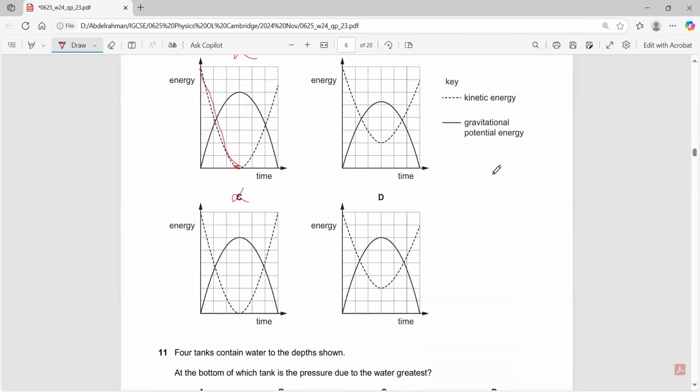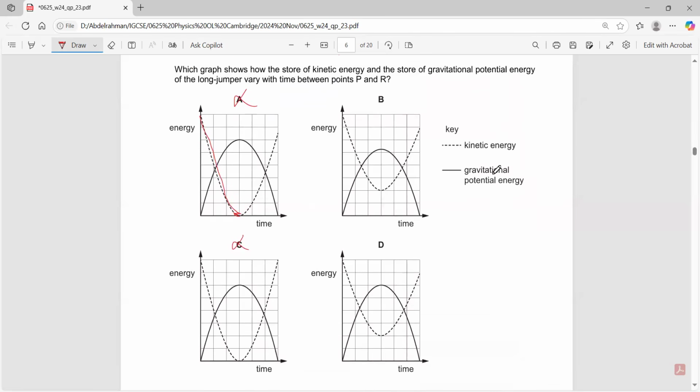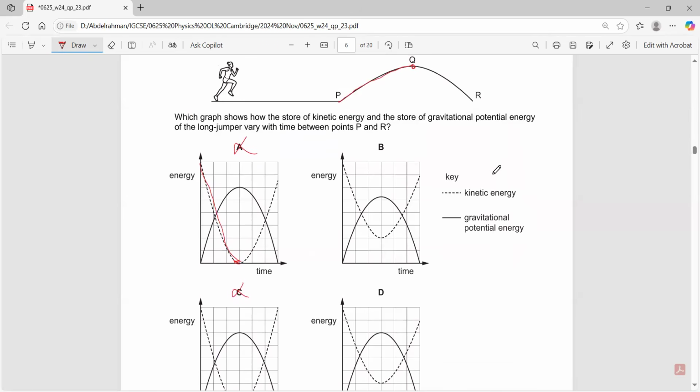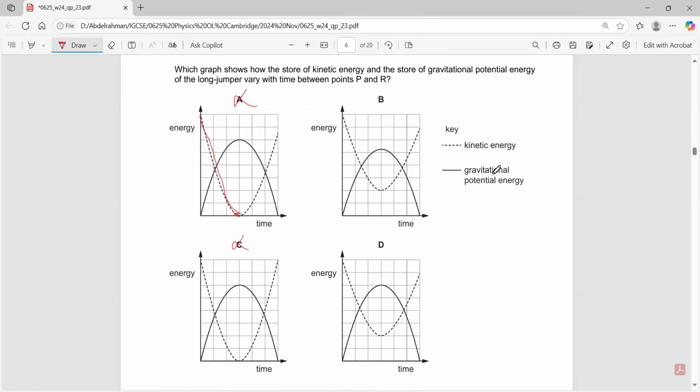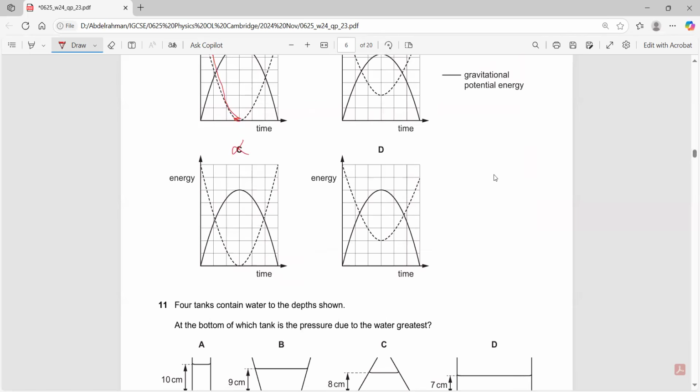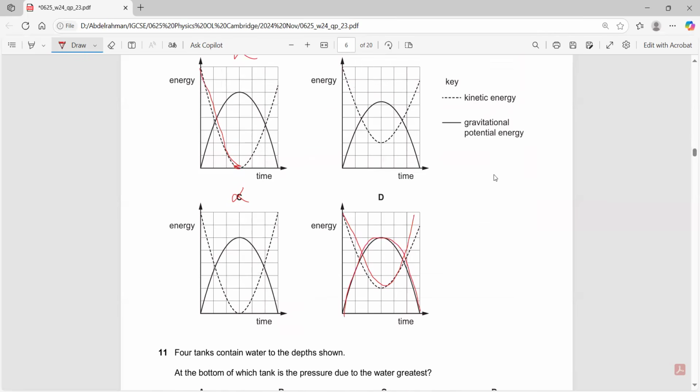So I'm stuck between B and D. Should I choose B or should I choose D? Well, D seems like a very good answer, doesn't it? But in fact, D would be wrong. Why would D be wrong? Because D shows that the kinetic energy is perfectly equal to the gravitational potential energy, which is wrong.